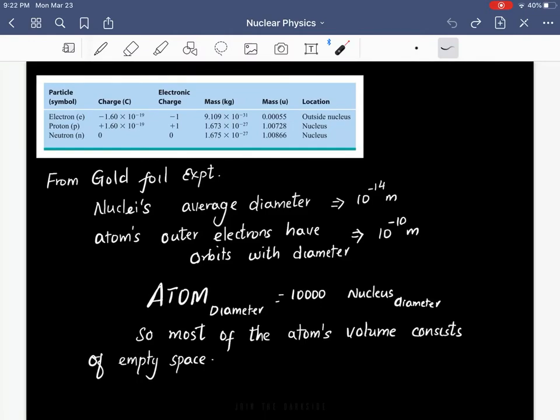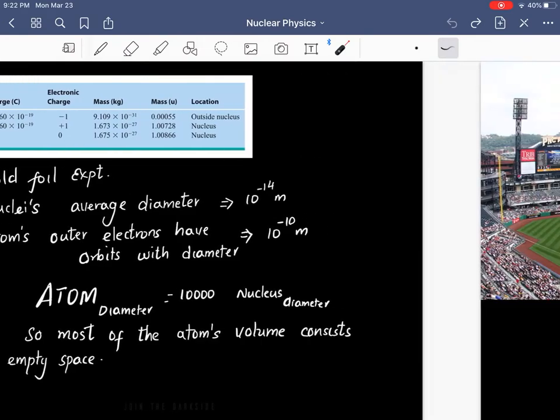So from the gold foil experiment conducted by Rutherford, we are able to find the nucleus's average diameter, which is equivalent to 10 to the power minus 14 meter, and the atom's outermost electrons have orbits with a diameter equivalent to 10 to the power minus 10 meter. So in reality, the diameter of the atom is actually 10,000 times bigger than the diameter of the nucleus. So most of the atom's volume consists of empty space.